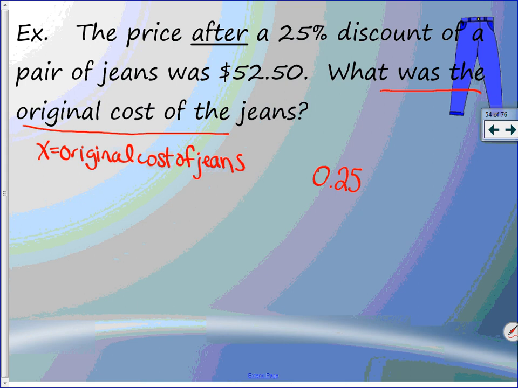So the 52.5 is the answer after the discount has occurred. So how would you calculate it if the original cost was X? Keep going. X times 0.25 equals 52.5.